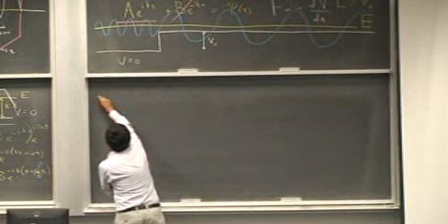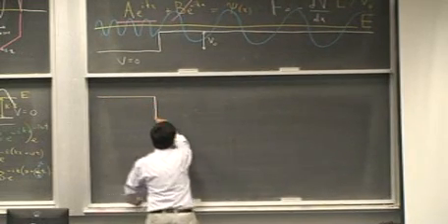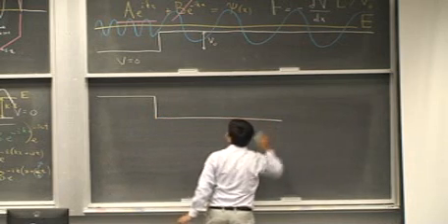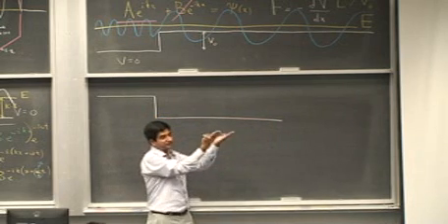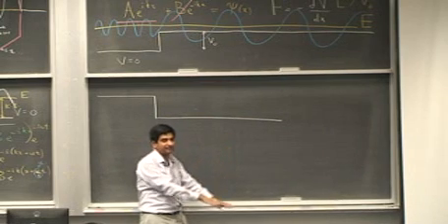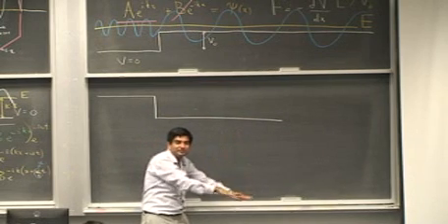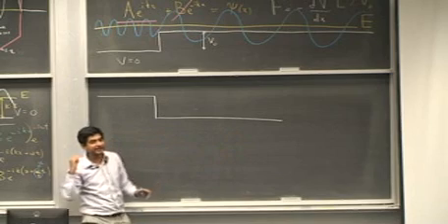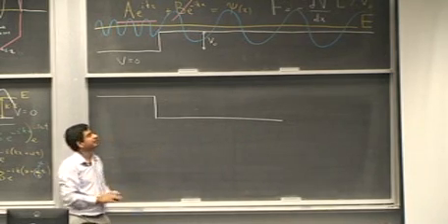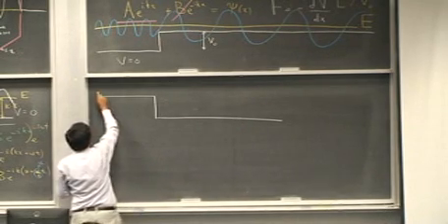Second example. If instead of a positive step you have a valley, the potential energy goes down, and the particle is again injected from the left. Then of course the wave function looks like this.